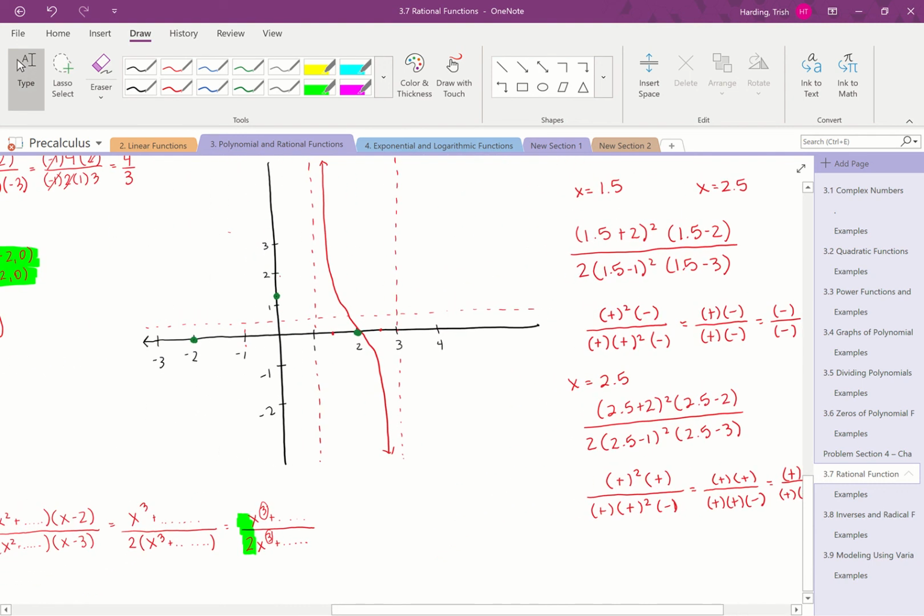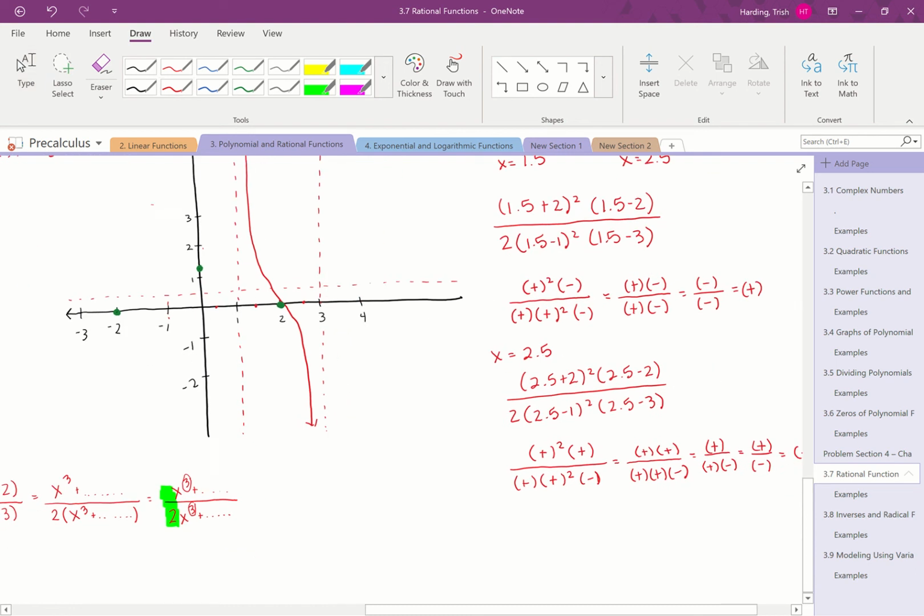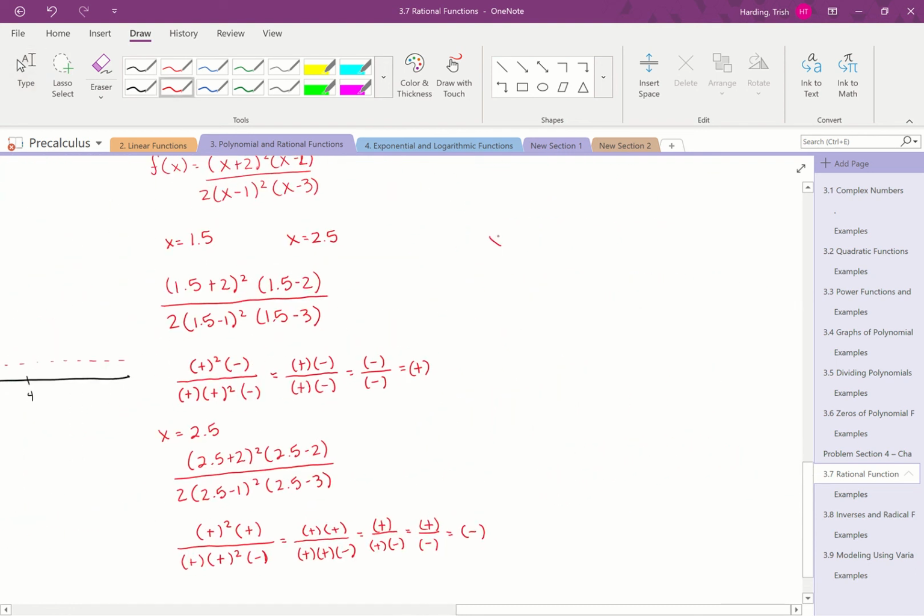Okay, so now I am going to have a look at something in here. I will have a look at 0.5. So we'll do this again when x equals 0.5. So if 0.5 plus 2 squared, 0.5 minus 2 is not squared, divided by 2 times 0.5 minus 1 squared, 0.5 minus 3.